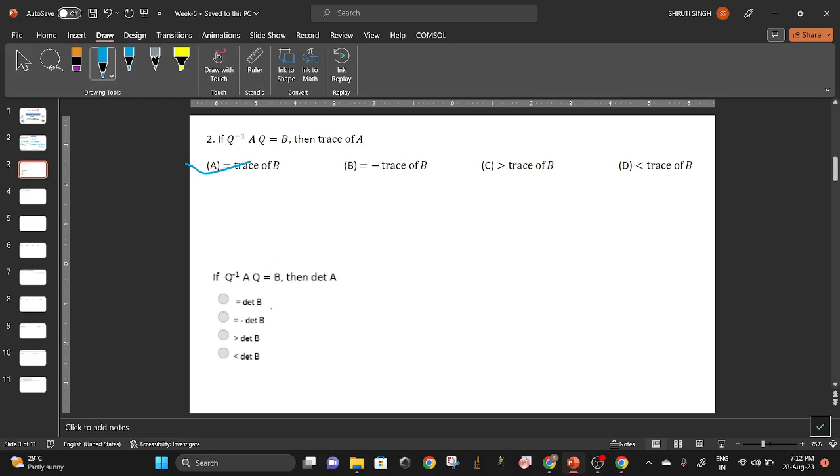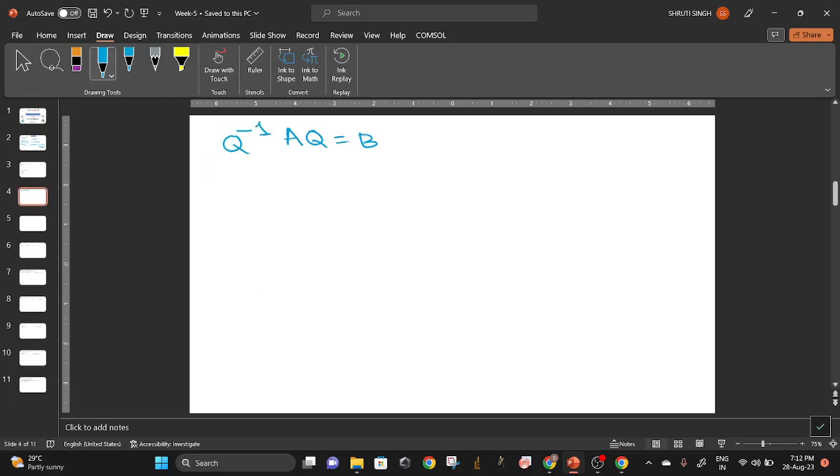This also is the same as determinant of B. So let's solve both of them together. Now, A and B are conjugates, right?